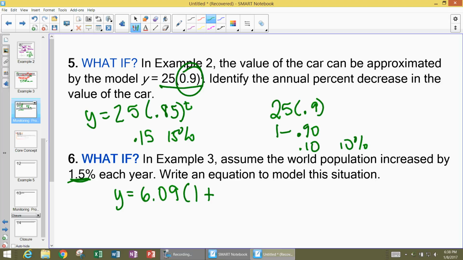So 1.5% as a decimal is going to be 0.015 to the t power. So our equation is 6.09 times 1.015 to the t power. And they're just using t for time instead of x.